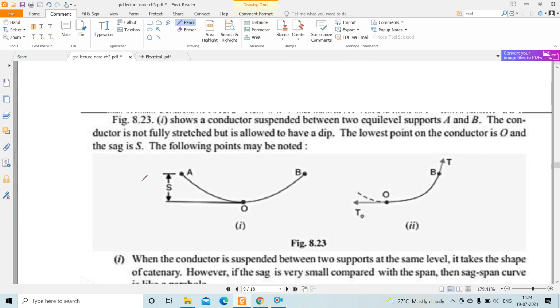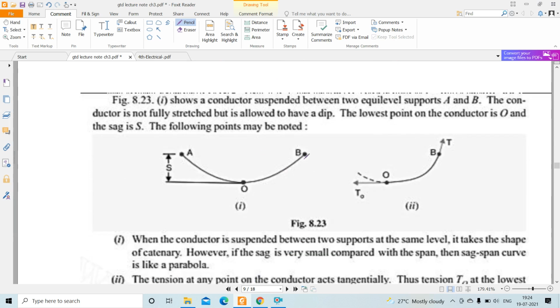See here, the conductor is suspended between two equilevel supports A and B. Here the conductor is not fully stretched but is allowed to have a dip.